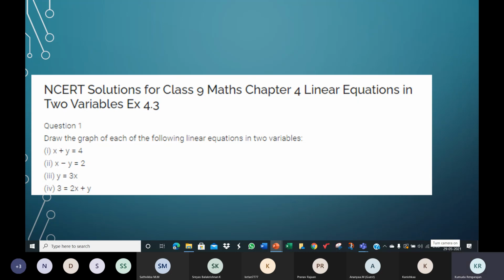When the equations are given to you, without making the graph, just looking at the equations, you can conclude if the graph of that equation will pass through the origin or will not pass through the origin. How can we say that?